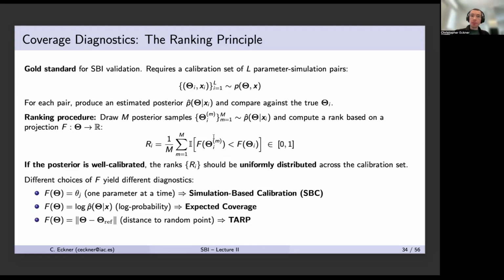So I have a nice distribution of my ranks R, and they should follow a certain distribution. What you can also do is, instead of projecting out just one parameter, take the log probability, the full log posterior probability, which then becomes the expected coverage. Or you can take, for example, the Euclidean distance between your parameters and any random reference point in your parameter space, which is called TARP.